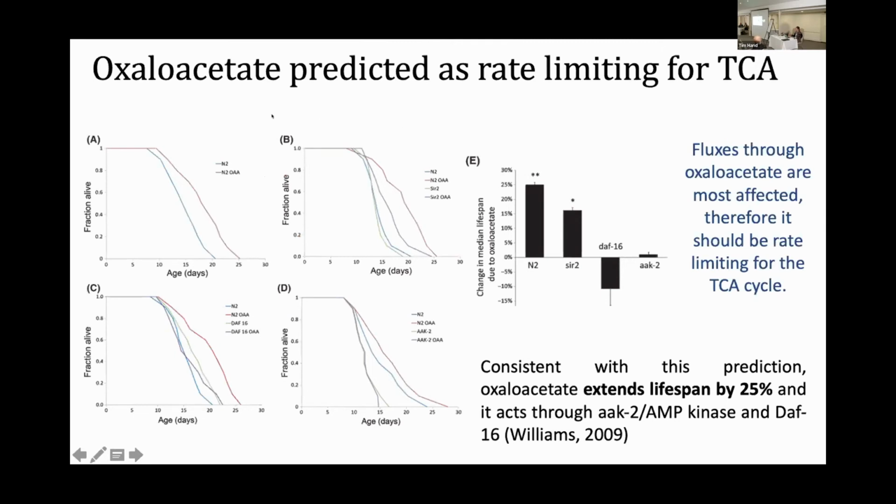And of course, given that our prediction said that this should be a rate-limiting step in the TCA cycle as the organism got older, it was quite exciting to know that supplementation in C. elegans actually extends lifespan in older worms. So it seemed to be having some close relationship.